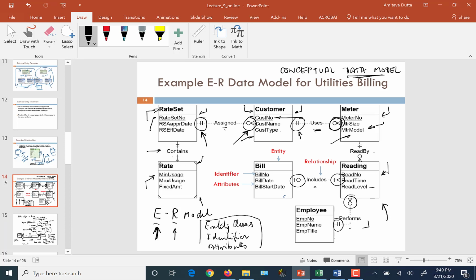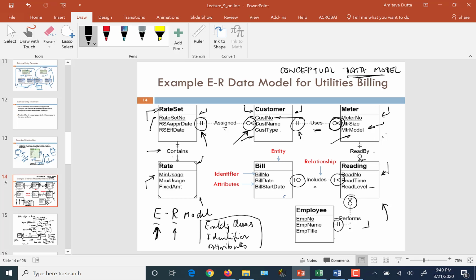Now let's go back to the picture over here and look at the relationship between meter and reading. Informally, you know that an electric meter or a gas meter or a water meter is read many times, perhaps every month. That's why you can see this relationship here. Let's go from meter to reading. We'll say one meter is read at most many times. Do you see this crow's foot here?